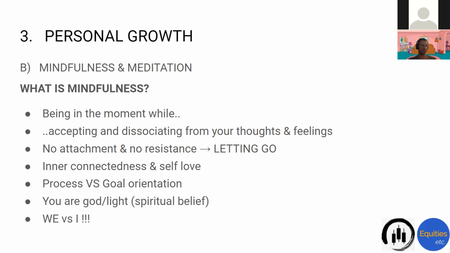And if you dig a little deeper, you're basically God, you're light, right? We're all made out of this big crock pot created by the stars, or the stars that create all the elements. And the last piece is the we versus I. Because if you look at all these things, the mindfulness, it's all about yourself, which is good because everything starts with you.